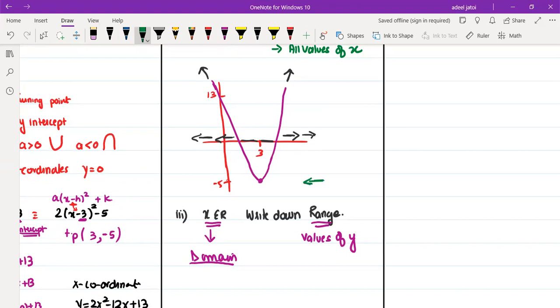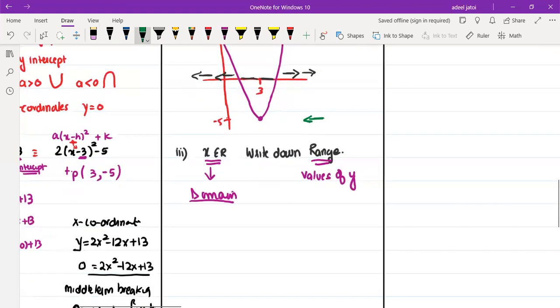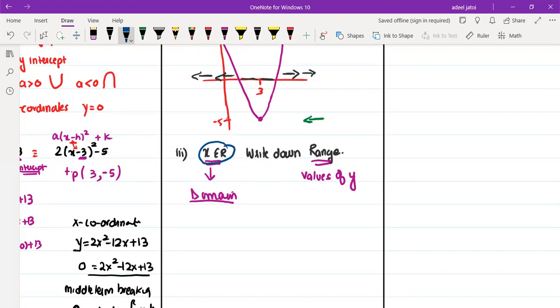Since the graph was coming from a decreasing function, coming downwards, we turned the graph from minus 5 towards upward. That means the minimum value will be what? Minus 5. So if I want to write down the range when x is an element of the real numbers, this should be f(x). Always range is shown as f(x).